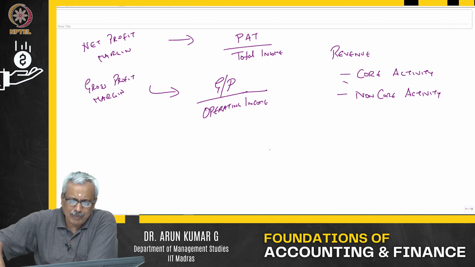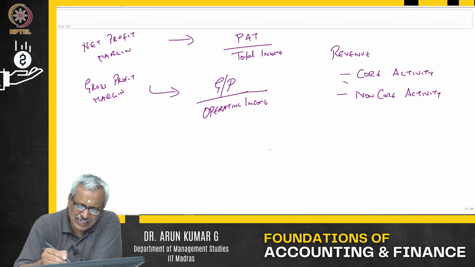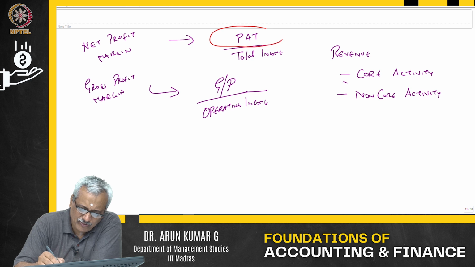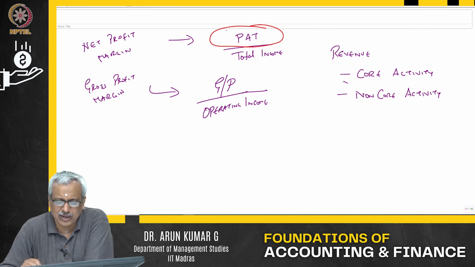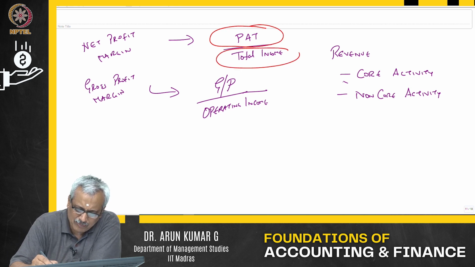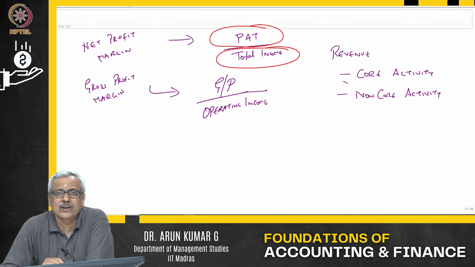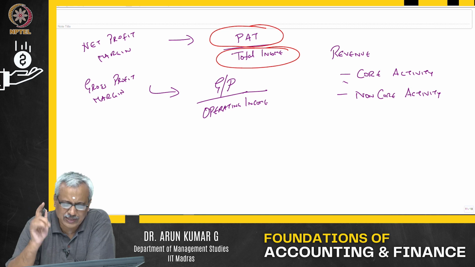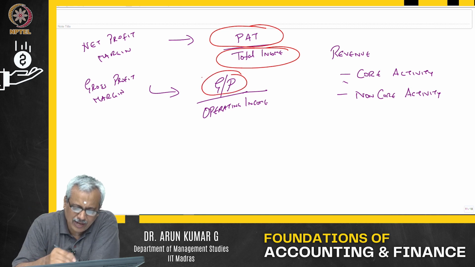So, when I say PAT, my profit after tax will include the profit generated from the core and non-core. So, here total income means total core and non-core. Whereas, when I say gross profit, I am looking at only the manufacturing cost, I am not looking at the additional costs out there.